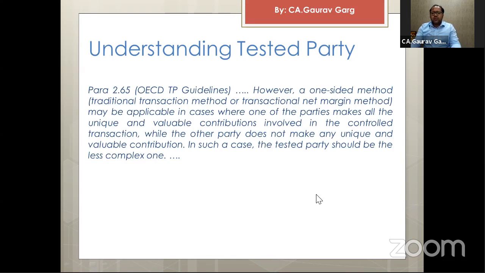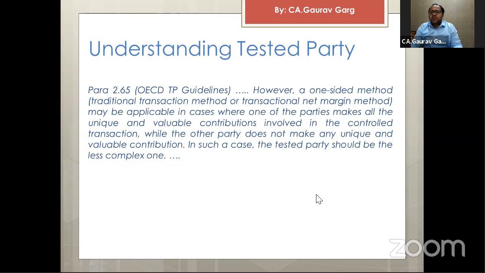We have OECD Transfer Pricing Guidelines 2017, para 2.65. It reads, however, a one-sided method, that is traditional transaction method or transaction-led margin method. Traditional transaction method means RPM or CPM, that is resale price method or cost plus method, may be applicable in cases where one of the parties makes all the unique and valuable contributions involved in the controlled transaction, while the other party does not make any unique and valuable contribution.